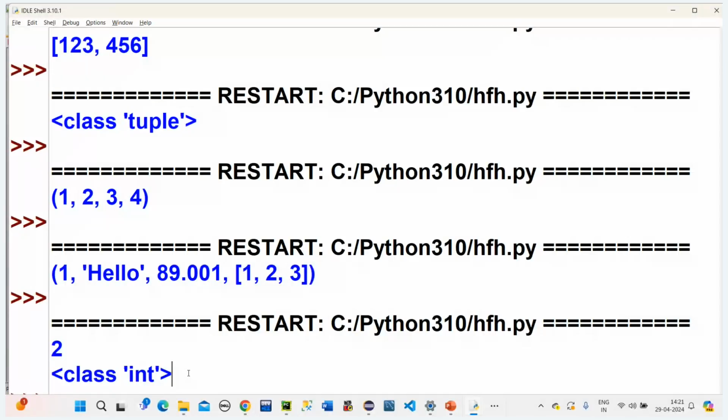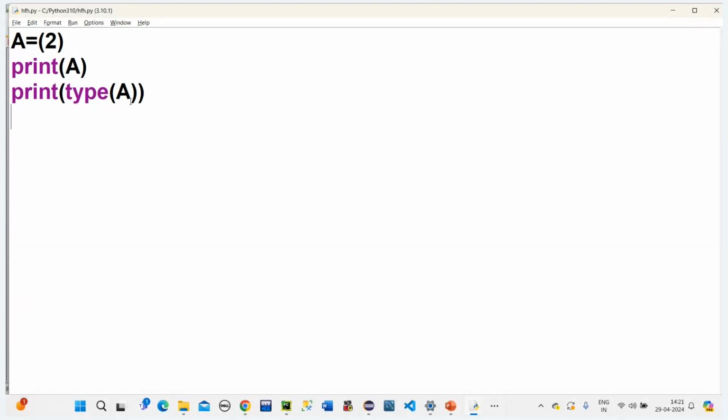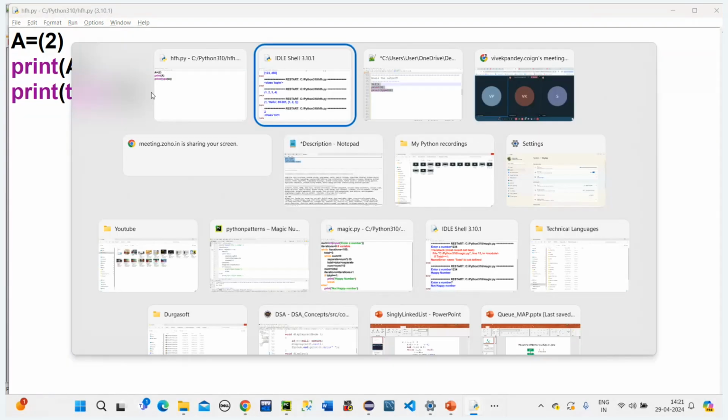Guys, type is int. Why is it int? See here, 2 is an integer, so the type is int. But if you keep a separate comma, one comma, and try to check what it is.